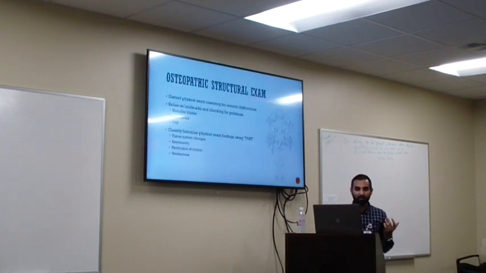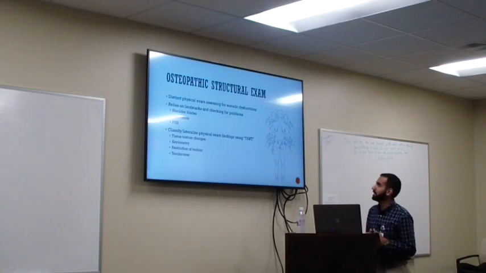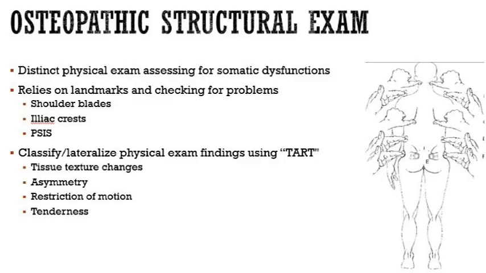So what is the structural exam? It's essentially looking at the body, and for the most part, when someone is watching someone do a structural exam, they're identifying asymmetry. All the symmetrical body parts are basically palpated and checked to see if there is asymmetry.